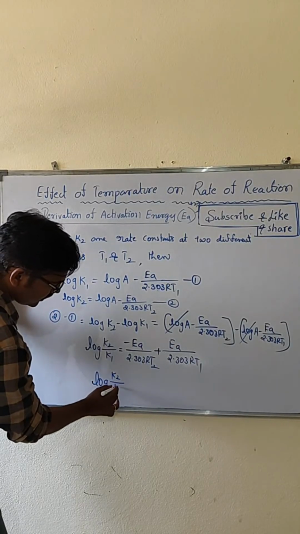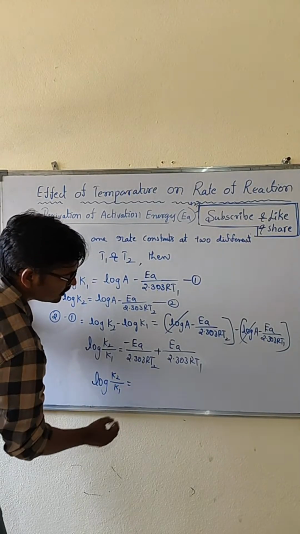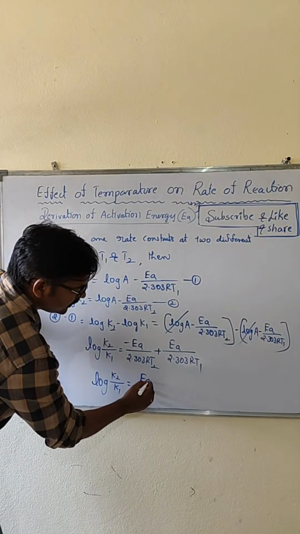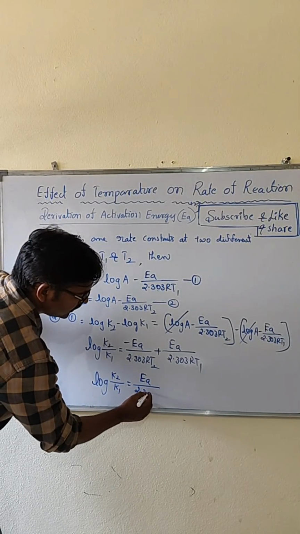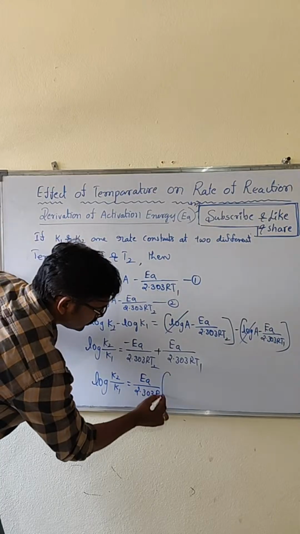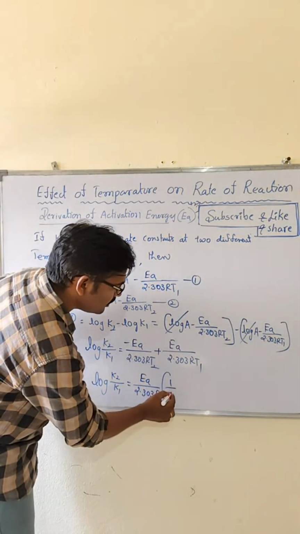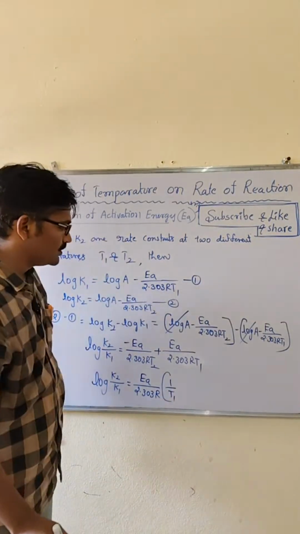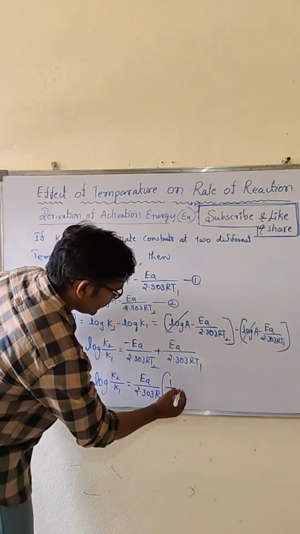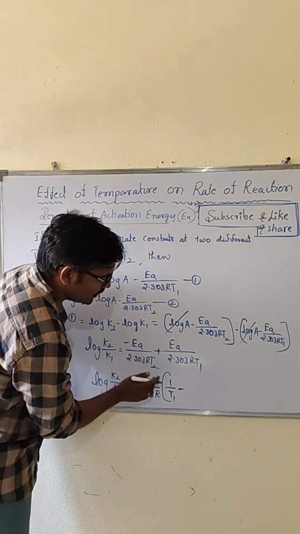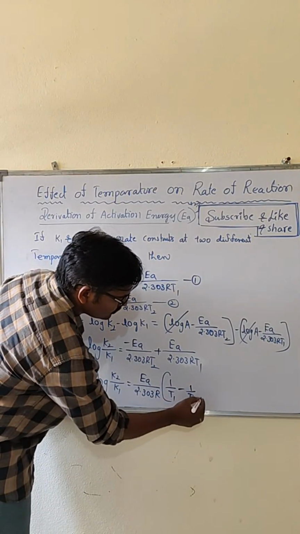Then 1 divided by T1, the positive term, minus 1 divided by T2, the negative term.